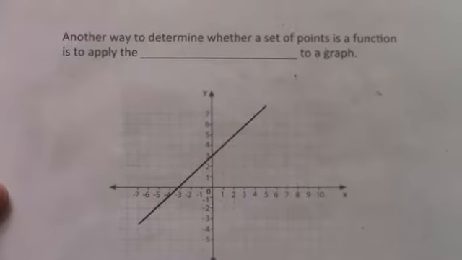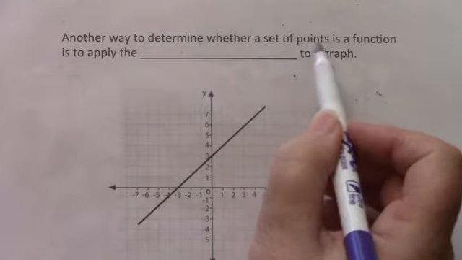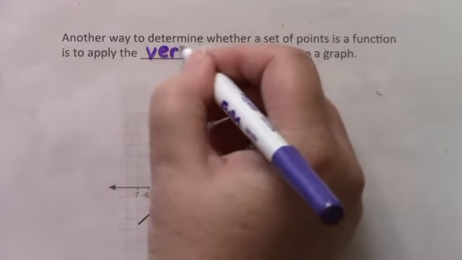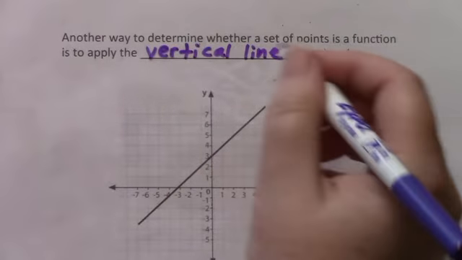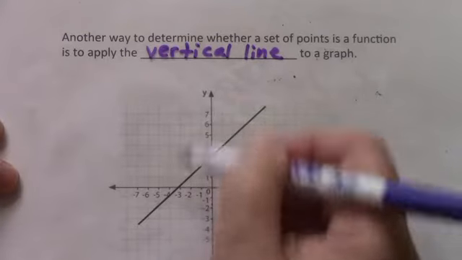And it looks like we have another way that we can find out if something is a function. Another way to determine whether a set of points is a function is to apply the vertical line test to a graph. What does that mean? Vertical lines go up and down.